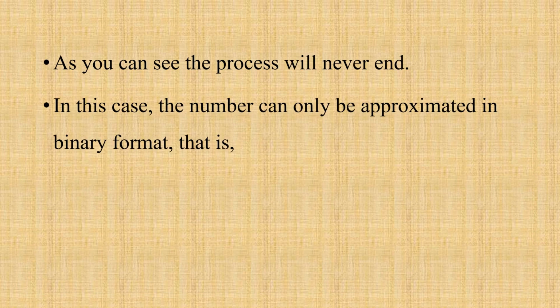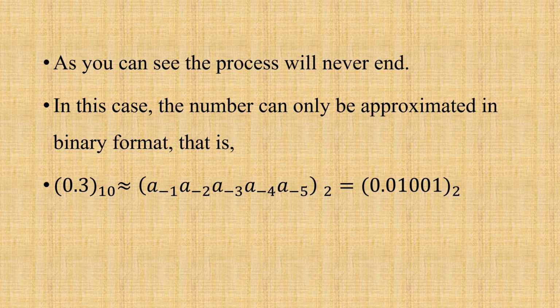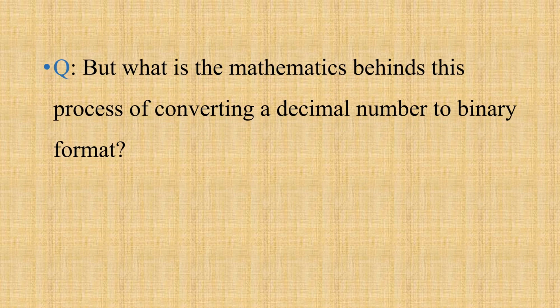In this case, the number can only be approximated in binary format, that is 0.3 base 10 is approximately equal to A_-1 A_-2 A_-3 A_-4 A_-5 base 2 equals 0.01001 base 2.